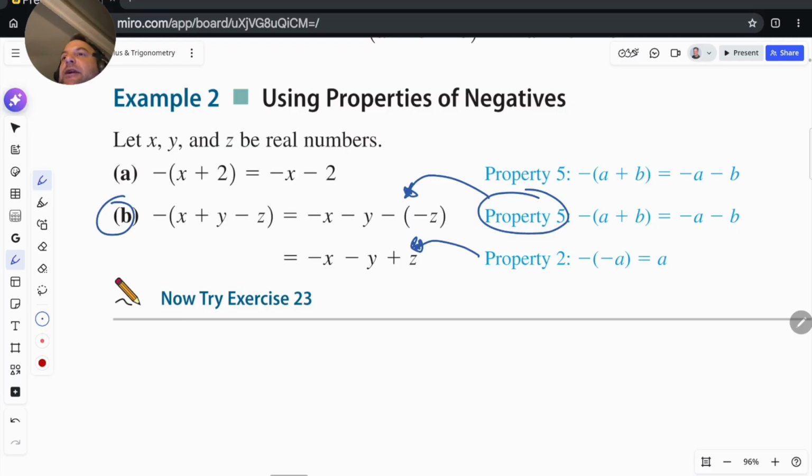So we want to keep in mind here, for example in b, that negative a does not necessarily mean that it's negative. Whether negative a is negative will depend entirely on the value of a. For example, if a equals 5, then negative a will be negative 5. But if a equals negative 5, then negative a will equal negative negative 5, which makes it 5, positive.